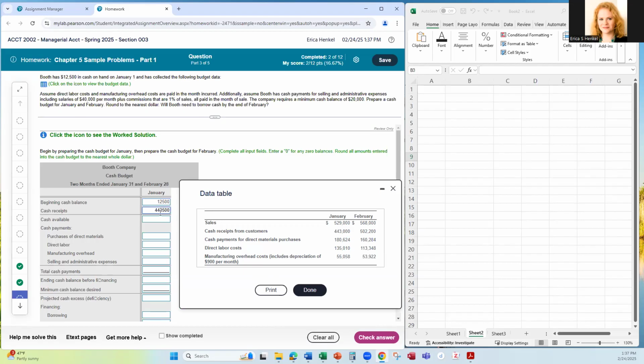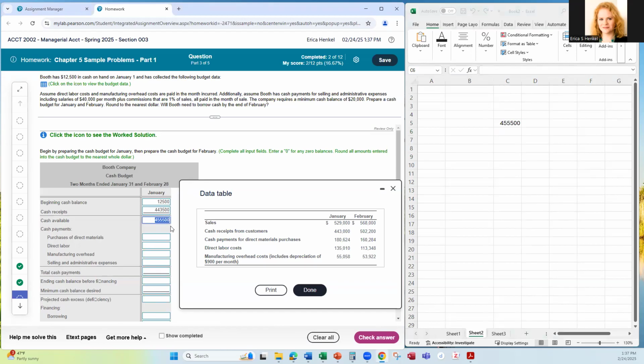So that gives us cash available totaling those two amounts: 12,500 plus 443,000, which is 455,500. That gives us our cash available.